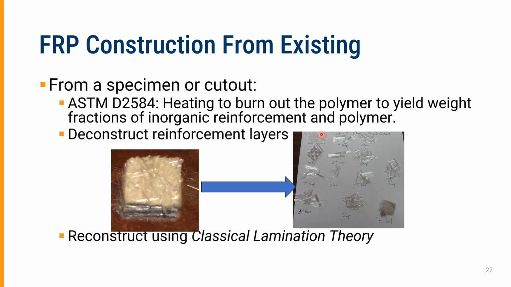So we can take these layers and determine what they are, what their orientation is relative to a known axis of the specimen, and reconstruct all of this to give values using classical lamination theory. It can be painstaking work. It's great work for junior engineers.